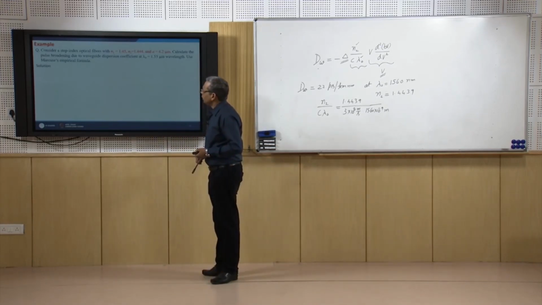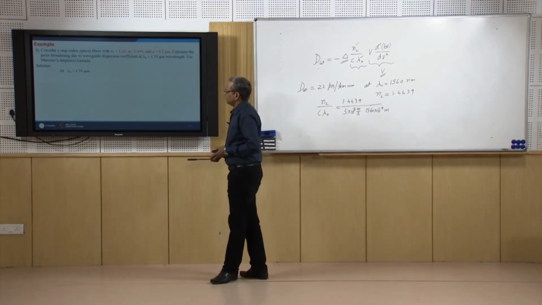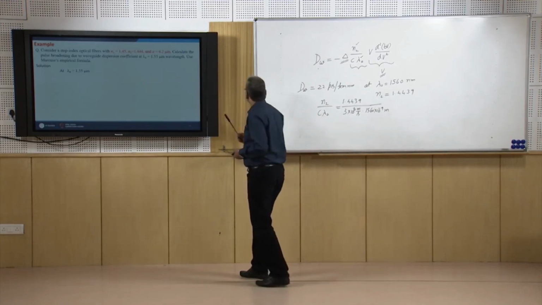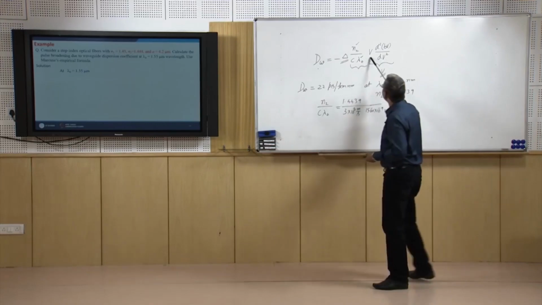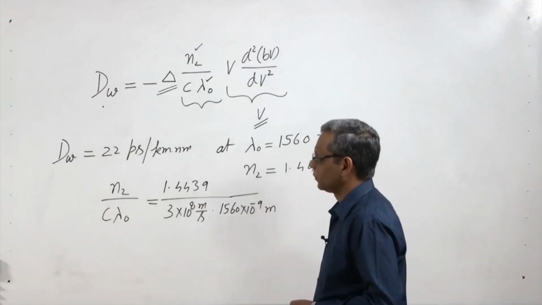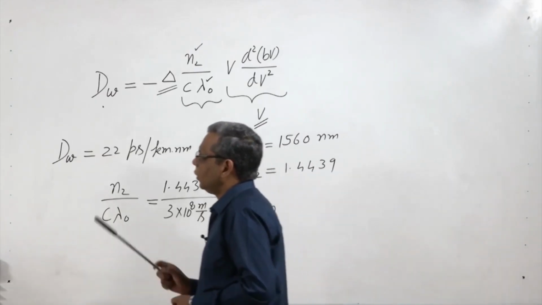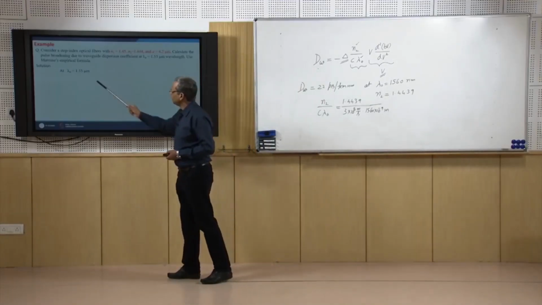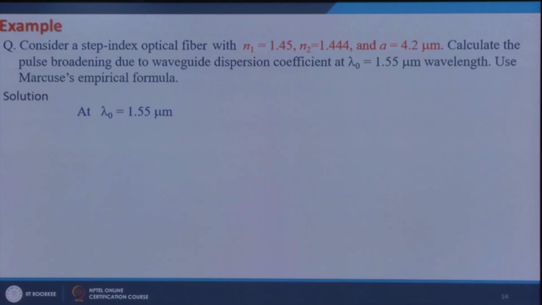So, the solution is, what I need to do first is find out V times d2(Vb)/dV square. So, I first need to find the value of V at lambda naught equal to 1.55 micrometer. V is given by this.